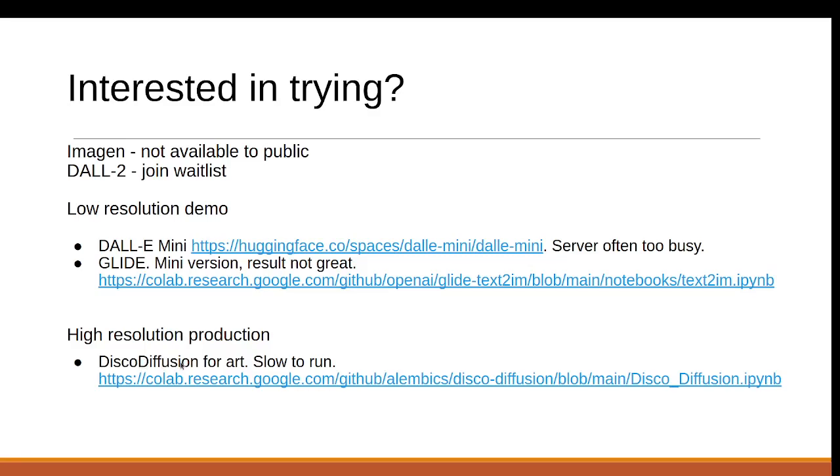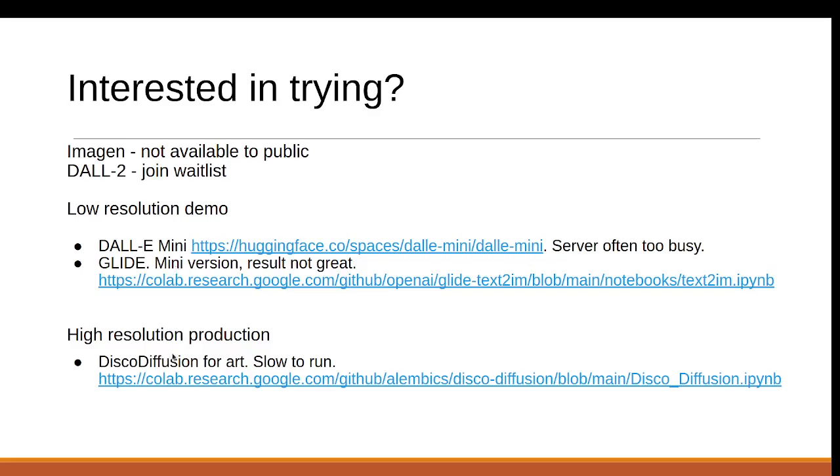You will have to wait 15 minutes or so just to create one image, because it goes step by step. OpenAI actually uses a different algorithm in sampling where it can skip steps. I did not cover that in this presentation. This makes the sampling faster.